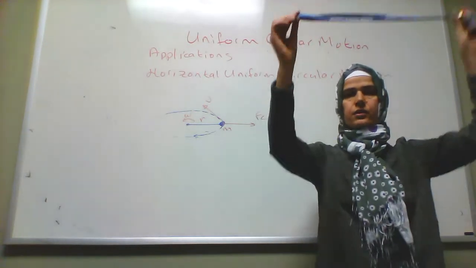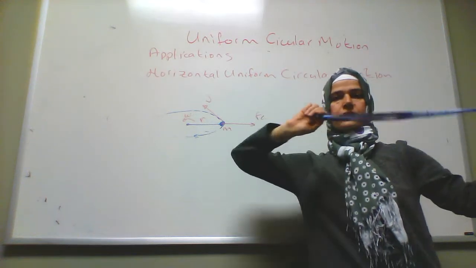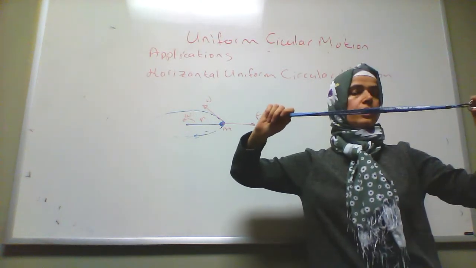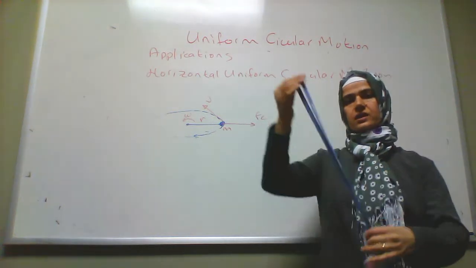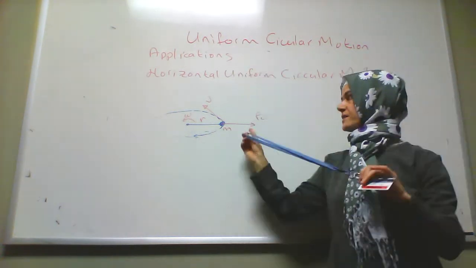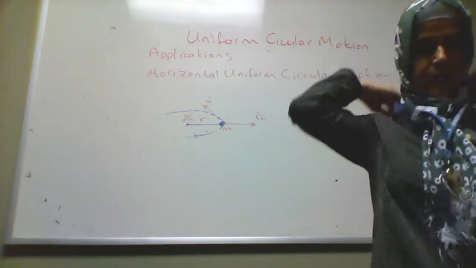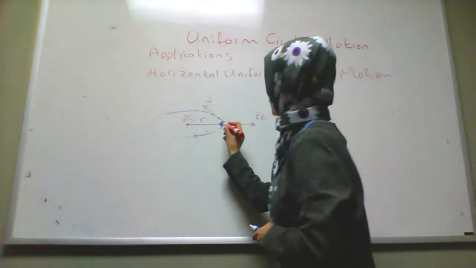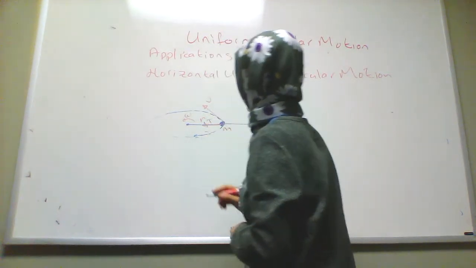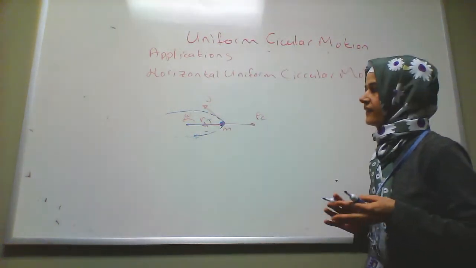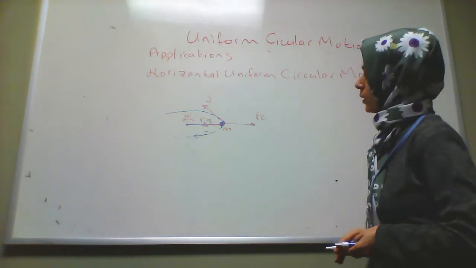So if I rotate this horizontally, I have the string pulling the object inside and Fc pushing the object outside. If these are in equilibrium, then Fc pushing outside will be equal to the tension force along the string pulling the object inside. Using this equilibrium, we can find the value of tension and so on.